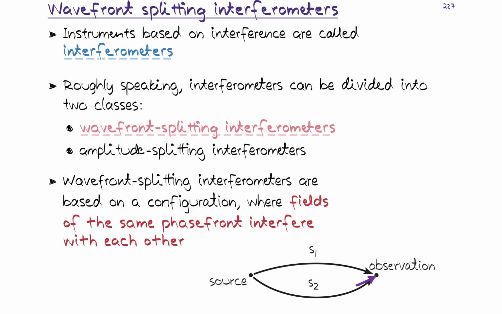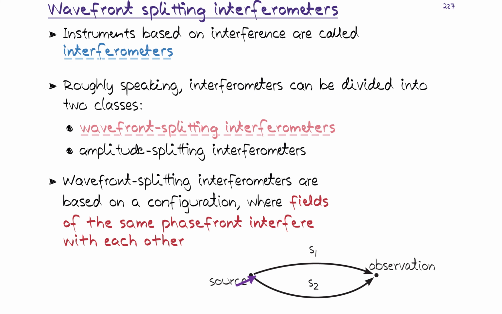In what follows, we entirely neglect the possibility that our source would not be temporally coherent. We implicitly assume that we have a perfectly temporally coherent light source.